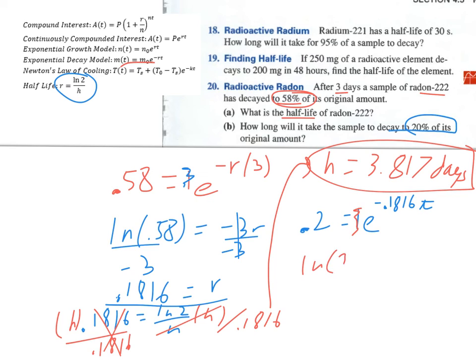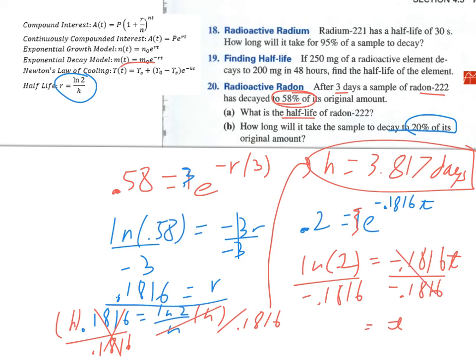I'll scribble out the 1, and we get ln of 0.2 equals negative 0.1816t. So we'll just divide by negative 0.1816, both sides. So t equals 8.86, and this is in, once again, days.